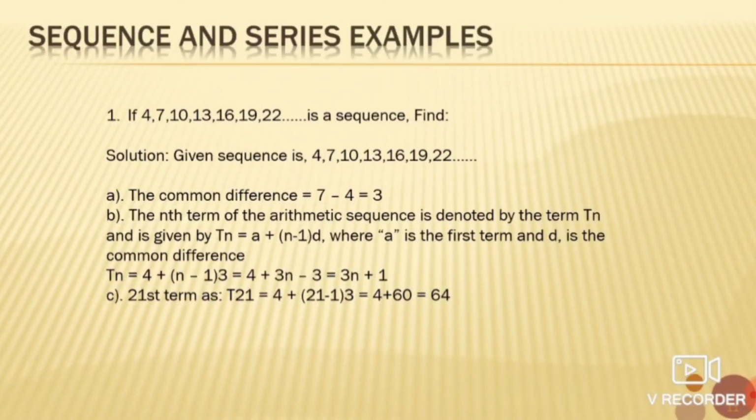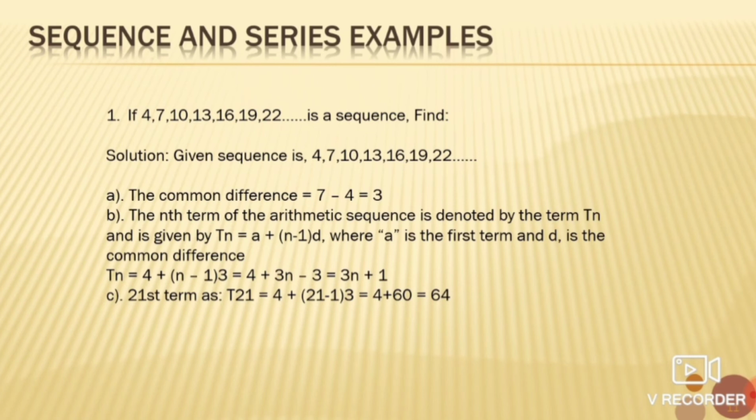Sequence and series examples. Example 1: if 4, 7, 10, 13, 16, 19, 22 is a sequence. Solution: the sequence is 4, 7, 10, 13, 16, 19, 22. A. The common difference equals 7 minus 4 equals 3.